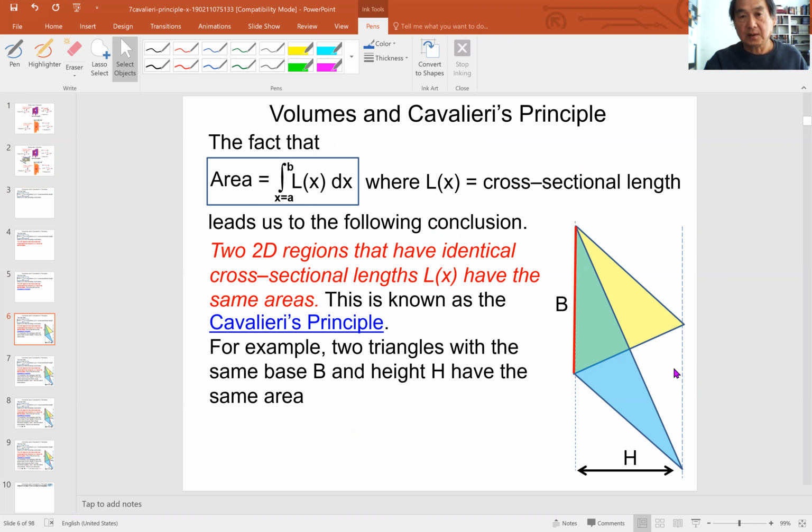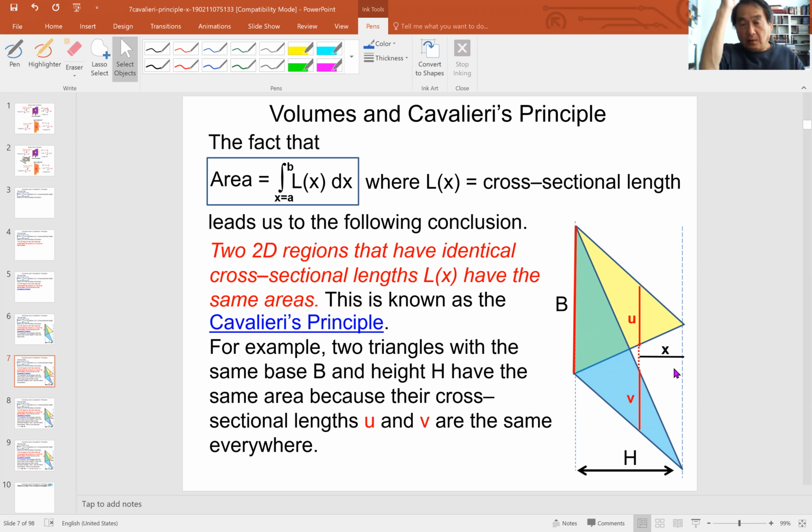If I have two triangles with the same base and the same height, and I put one sideways over here, and then draw a line cutting across, the cross-sectional lengths of these two pieces, U and V, will be the same. You can measure that. So they have the same area, because at each cross-section they are the same. The top one is equal to the bottom one.